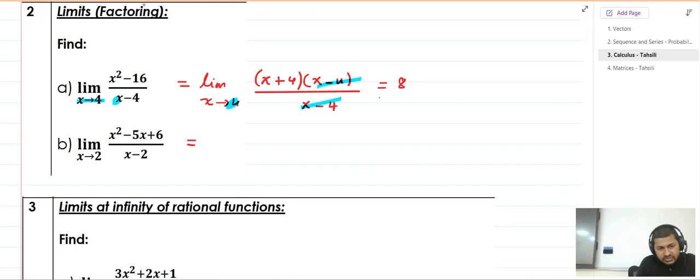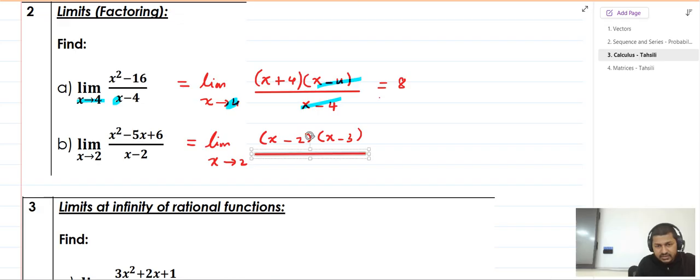Let us look at part B. If I substitute 2 in the denominator, I do get 0, so I have to factor it out. Limit as x approaches 2, factor this out. I get x minus, remember the product needs to be 6 and the sum needs to be -5. So the product of two numbers is 6, 2 and 3. In other words, -2 and -3, and -2 plus -3 gives me -5, divided by x minus 2.